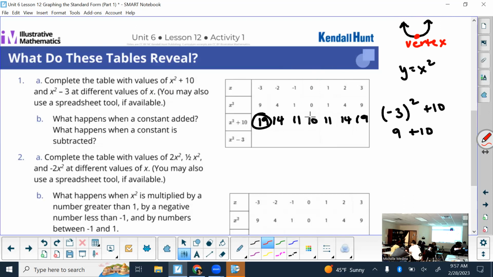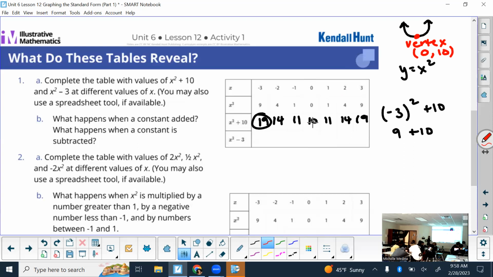Clearly the 10 is the y of my vertex because it doesn't repeat. It's only there once. And that x was 0, so that's my vertex for this graph. I didn't expect you to know that, but you can identify your vertex that way. It's the one that has the same numbers on each side.